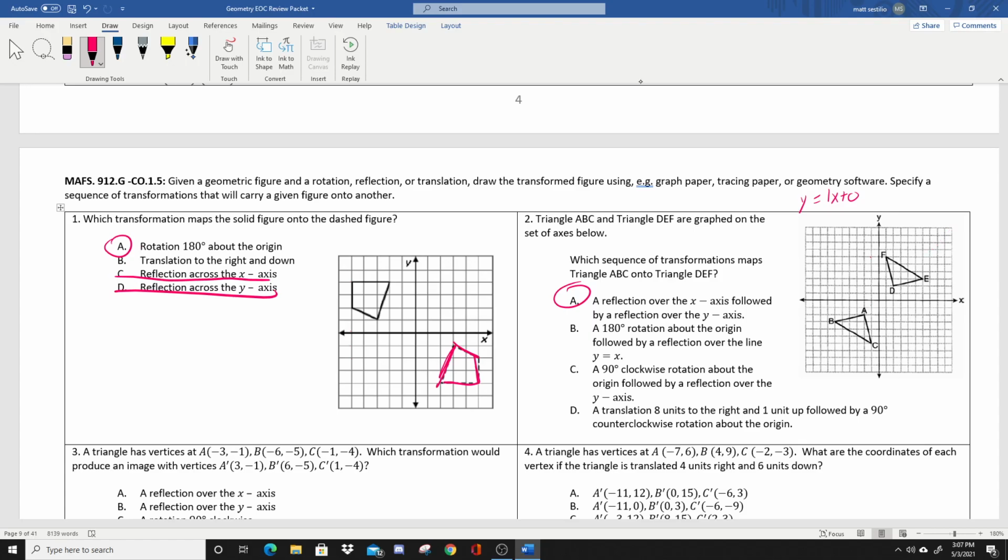90 degree clockwise rotation about the origin followed by reflection over the y-axis. A 90 degree rotation would make this thing go over here, and then flipping it over the y-axis would get it back to around over here.